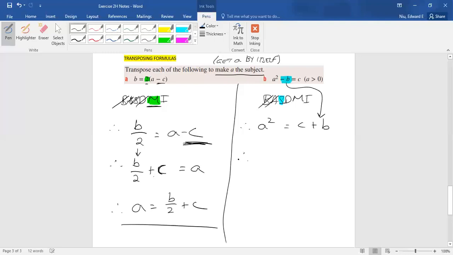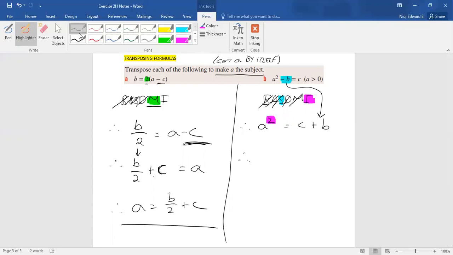What we then do is, well, we've got rid of the subtraction, we don't have any division, we don't have any multiplication, but we do have an a squared here. So our a squared is what we call an index or an indice or a power. That's what the I stands for.